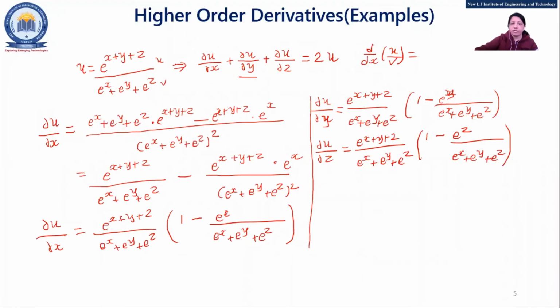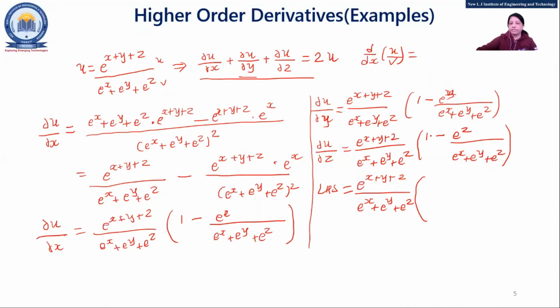Now what we want to prove? LHS is nothing but the addition of all the terms. This is the same in all, so it should be a common one. I'll write e raised to x plus y plus z upon e raised to x plus e raised to y plus e raised to z. Now what should I write here?